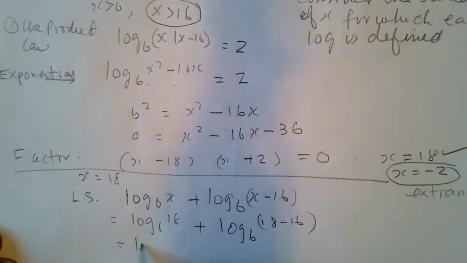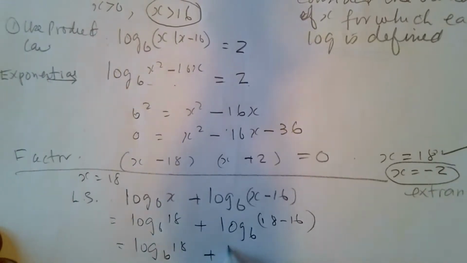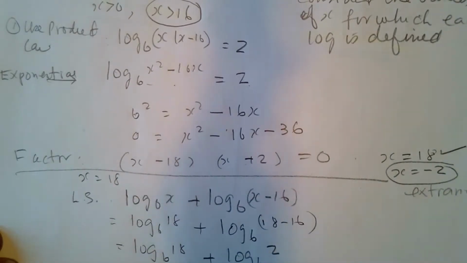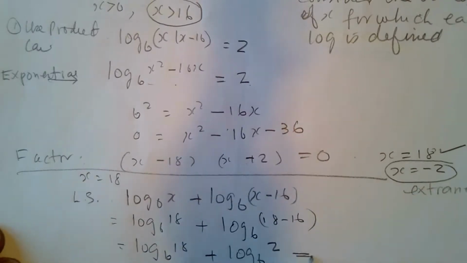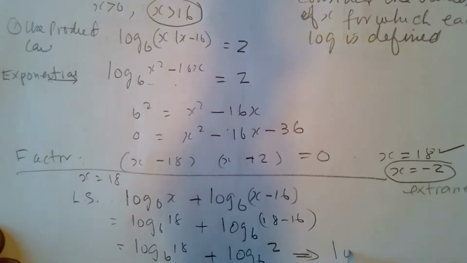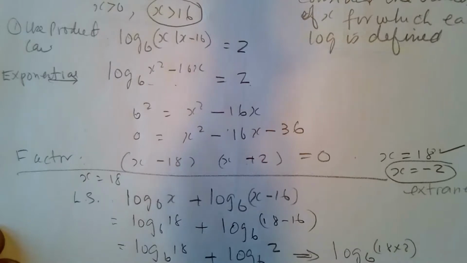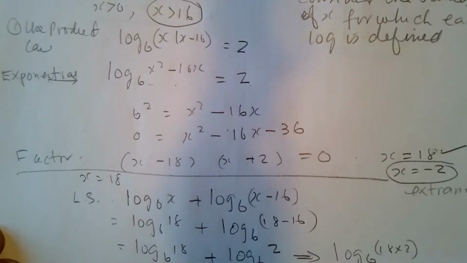Simplify this, we use the product law here and combine it. So 18 times 2, which is log base 6 of 36.